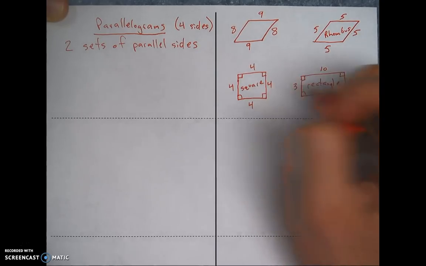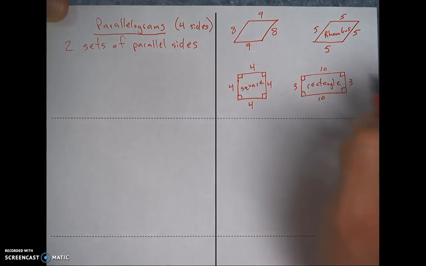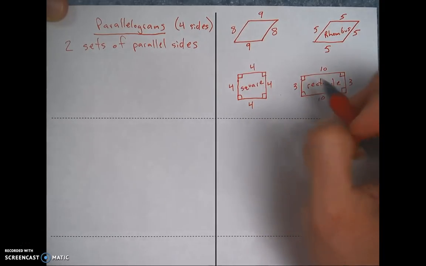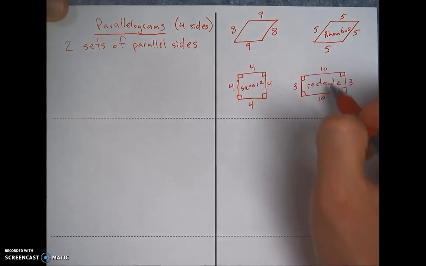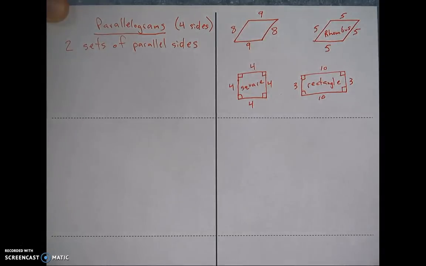Square is a rectangle because it has 4 sides, 4 90s. And it's a parallelogram. Opposite sides are parallel, opposite sides are parallel. Railroad tracks, never going to cross even if you extend those sides. So all 4 of these shapes are parallelograms. They each have a more specific name, at least these 3.